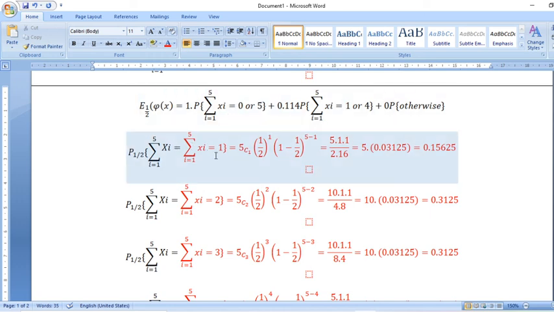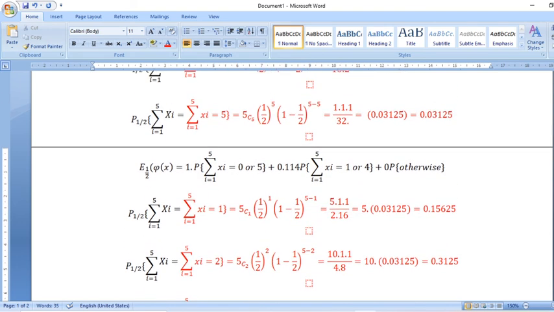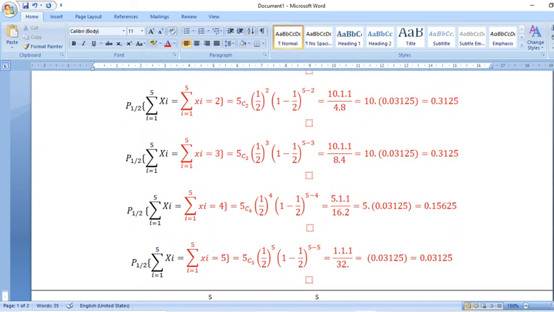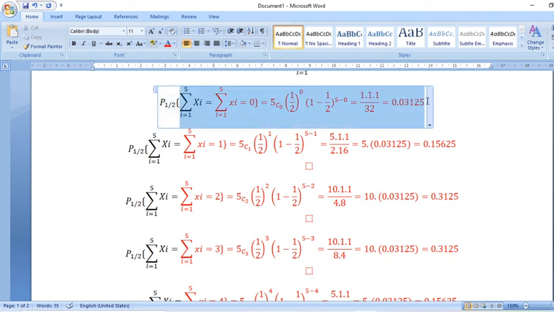X equal to 0, 1, 2, 3. We should take this also.